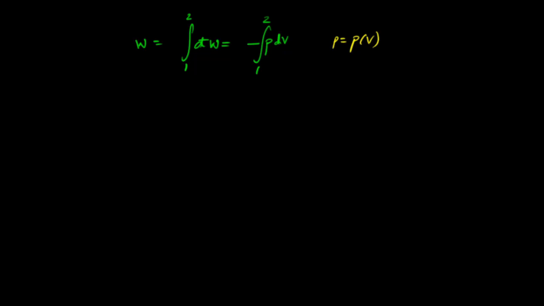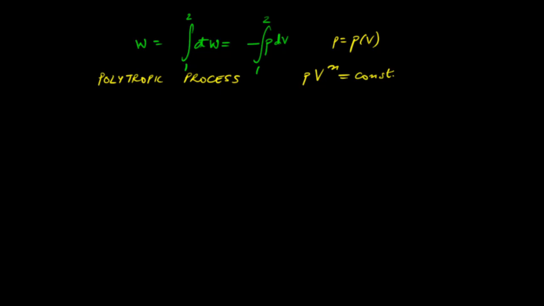And one such process is called a polytropic process, in which P and V, pressure and volume, are related by this relation. PV raised to power n is a constant, where n, that is the exponent, may take positive or negative values depending upon the process. So many processes can actually be approximated by this polytropic process.